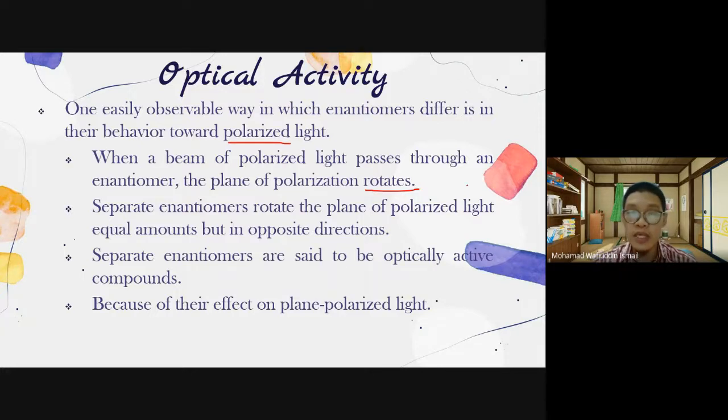Separate enantiomers rotate plane polarized light an equal amount but in opposite directions. That's why we have R and S, clockwise and counterclockwise. Separate enantiomers are said to be optically active compounds because of their effect on plane polarized light.